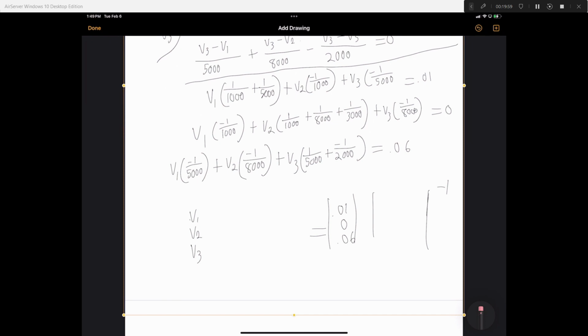For the first one, we'll have 1 divided by 1,000 plus 1 divided by 5,000. Second one, negative 1 divided by 1,000. Third one, negative 1 divided by 5,000. Next one, negative 1 divided by 1,000. Next one is going to be 1 divided by 1,000 plus 1 divided by 8,000 plus 1 divided by 3,000.